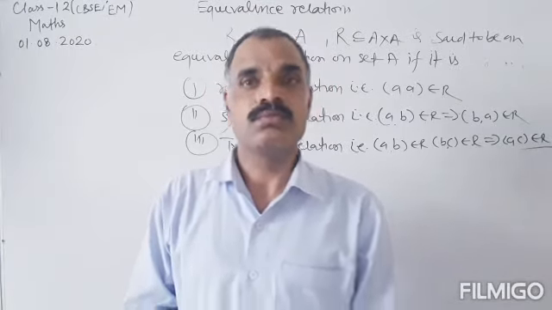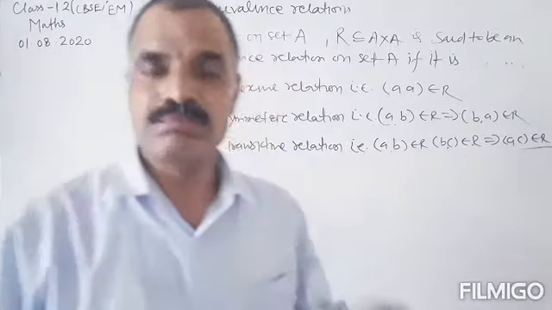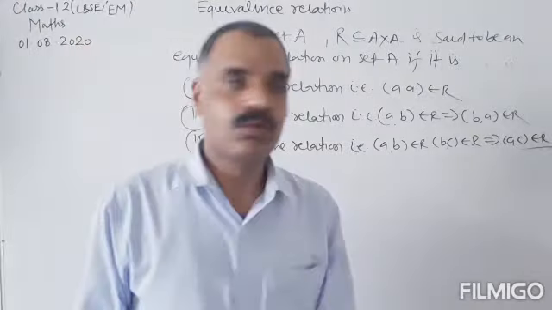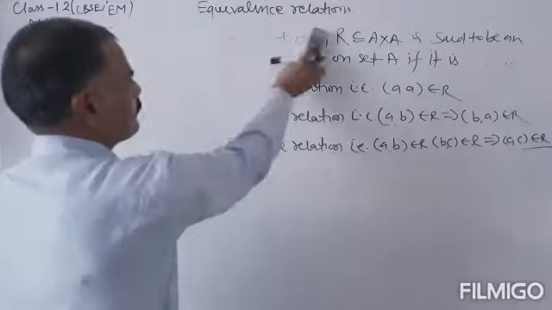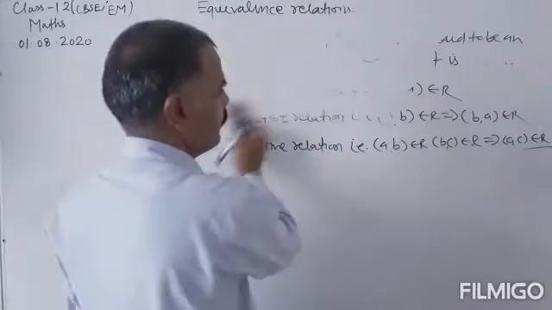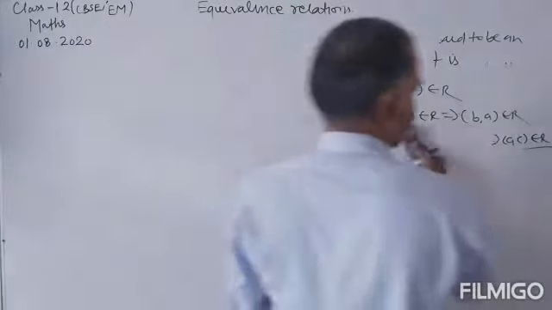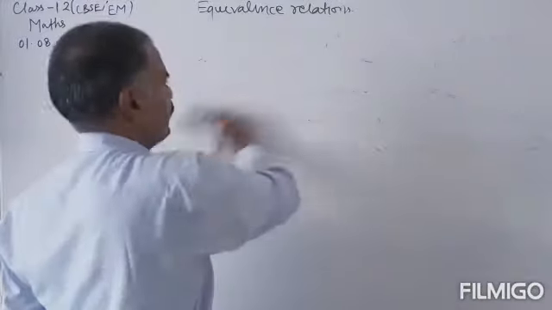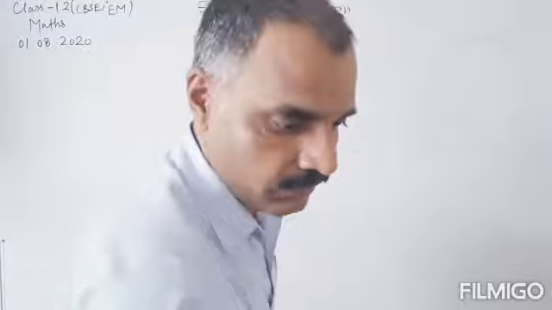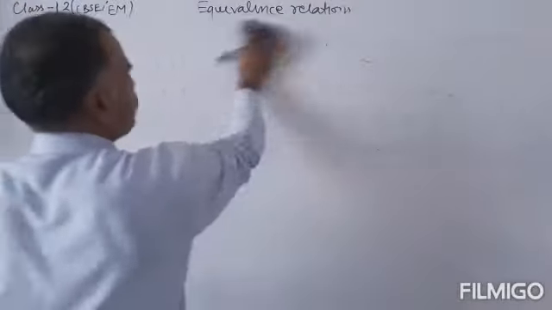Now we will discuss some more relations, like empty relation, universal relation, identity relation, anti-symmetric relations. All these are also in our syllabus. First of all, we will discuss empty relation.